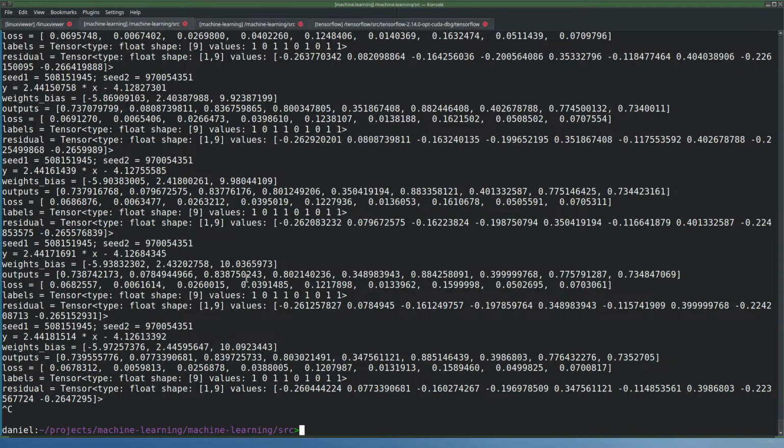I wanted to automatically stop as soon as the prediction is correct. I think that means that the loss is less than a quarter. I better look at the residual maybe. The residual must be less than the absolute value of the residual, I guess.